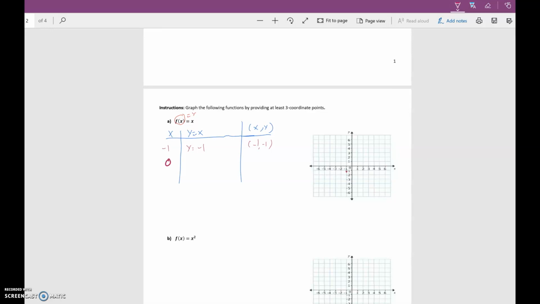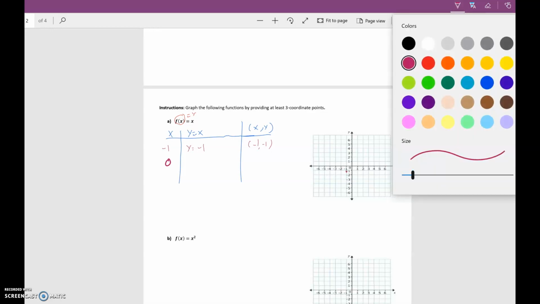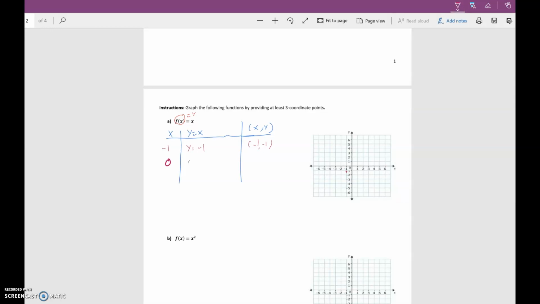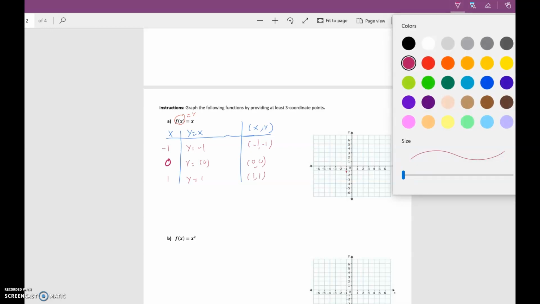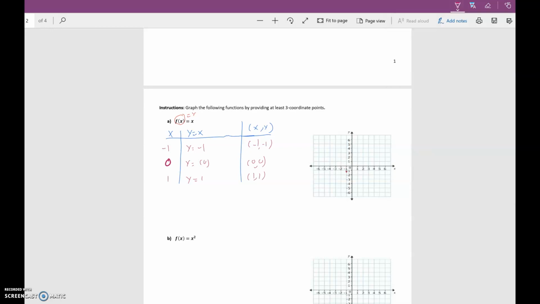Then let me select 0. So y is equal to 0, or 0, 0, and then a positive value. x is equal to 1, y is equal to 1, so 1, 1. For this one, we just need at least 3 coordinate points. The first one should be -1, -1, which is there, followed by 0, and then 1.